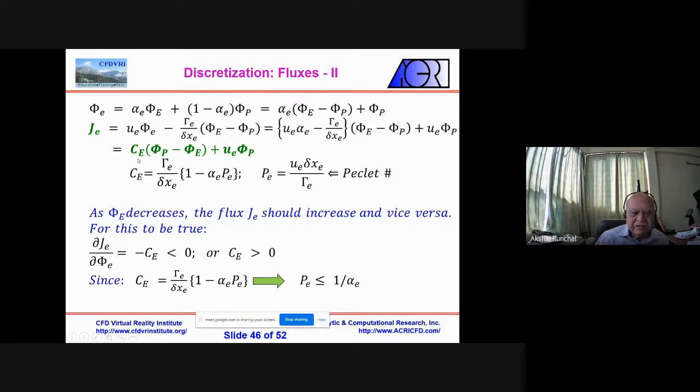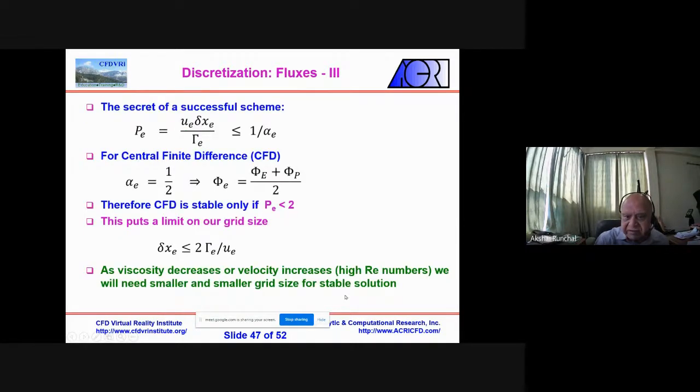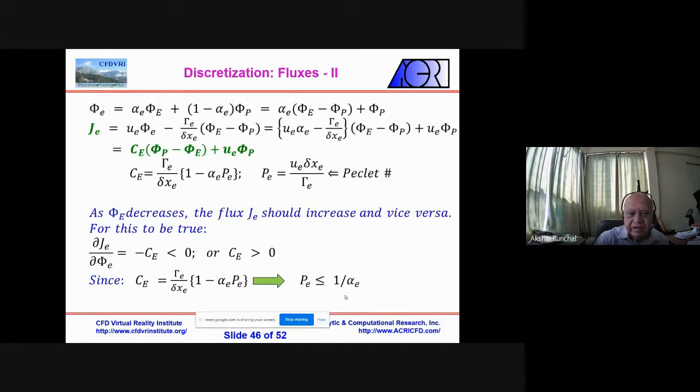This equation can be simplified to say that it's a connecting coefficient C_E for the east boundary, and the difference between phi_p and phi_e. Again going back, it's the difference between the two points on the two sides. So this is the coefficient C_E which connects these two points, and this is the center point.